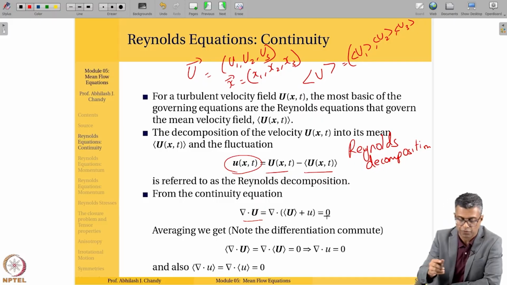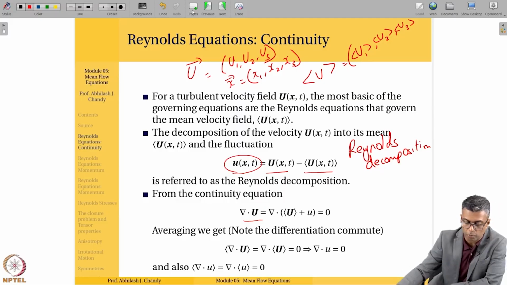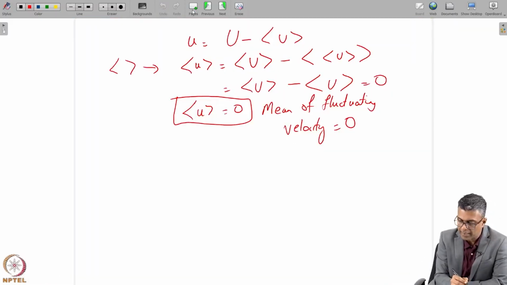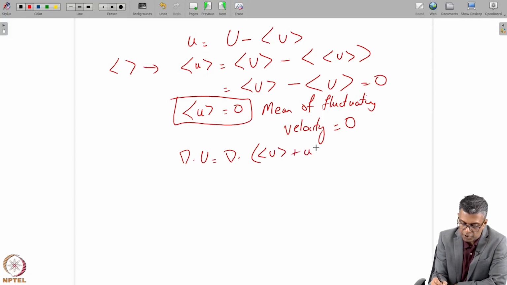Now you take an average of that. If I have del dot u, which is equal to del dot of the mean plus fluctuation, this is equal to 0. So your del dot gets distributed into the brackets, and then you have del dot u mean plus del dot u' is equal to 0.